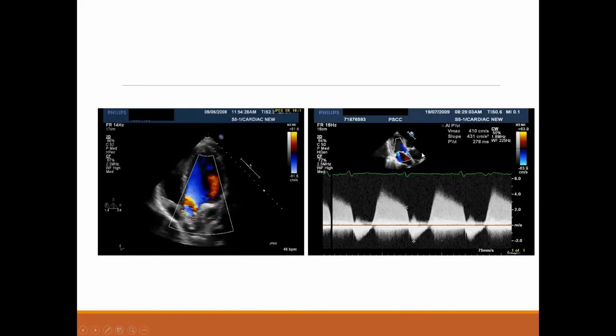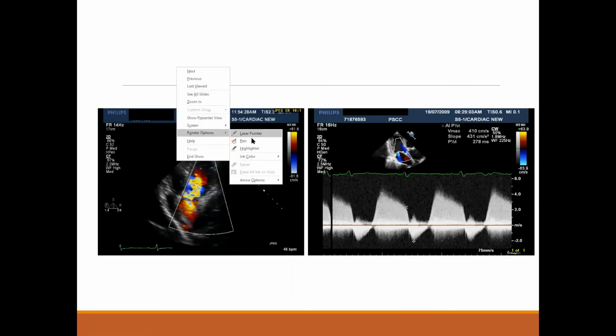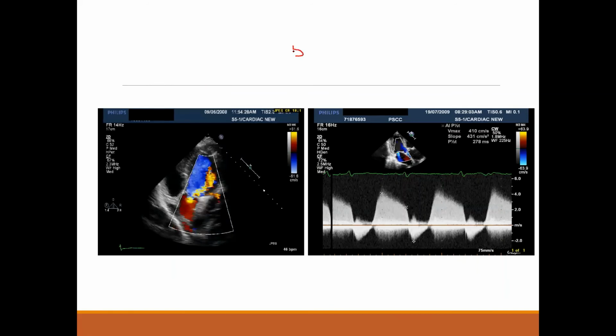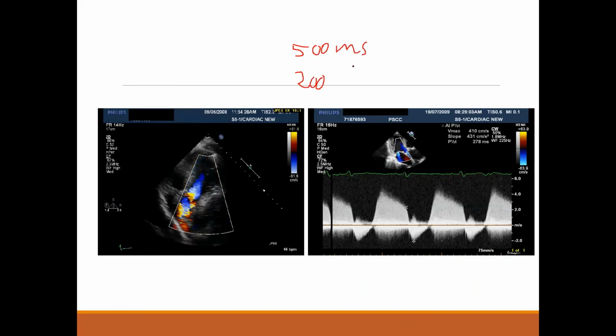Now, when we look at this, it is not for the same patient necessarily. I don't remember, is it for the same patient or not? I don't think it's for the same patient, but it's just showing the pressure half time of an AR jet. Now, pressure half time for an AR jet is 500 milliseconds, 200 milliseconds, and in between.